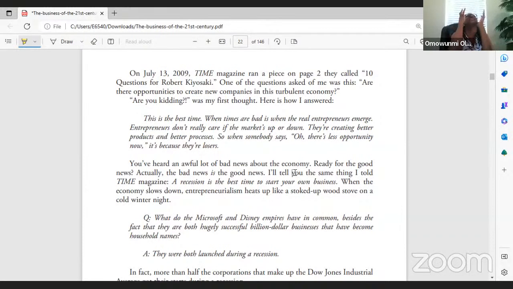And especially in the age of information, the internet, and everything we have at our fingertips, it is amazing to see all of the opportunities that are out there.